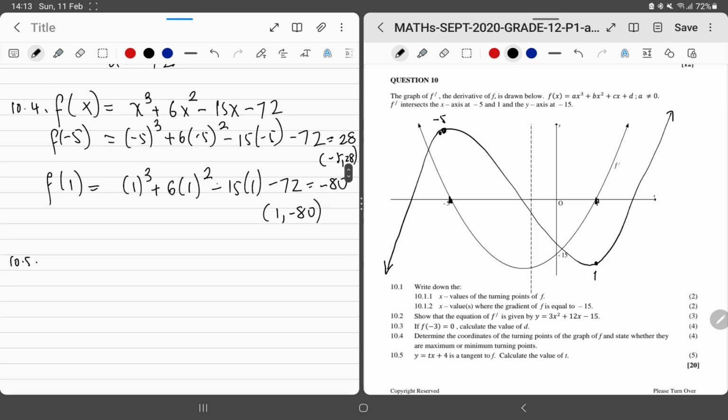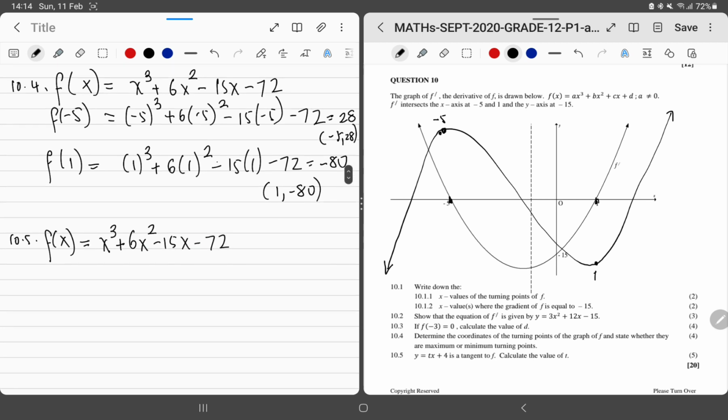10.5. Y is equal to t of x plus 4 is a tangent to f. Calculate the value of t. It is a tangent. F of x is equal to x cubed plus 6x squared minus 15x minus 72.